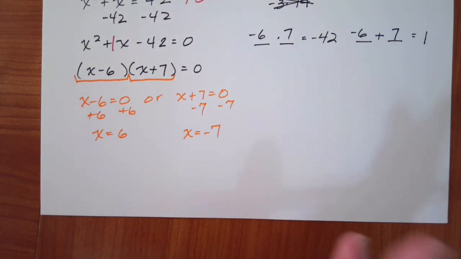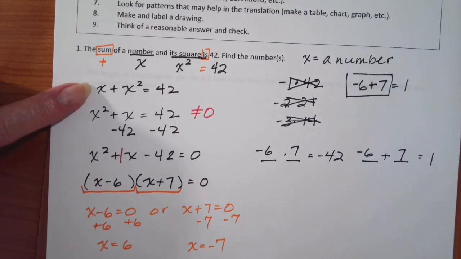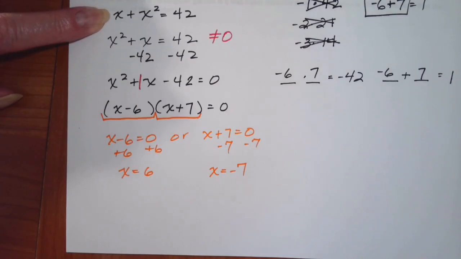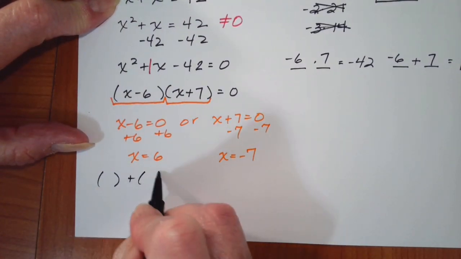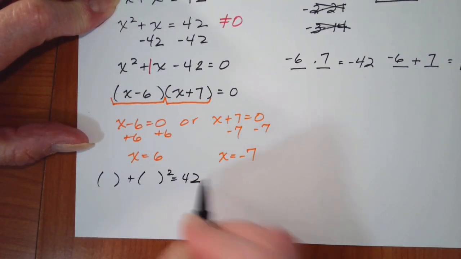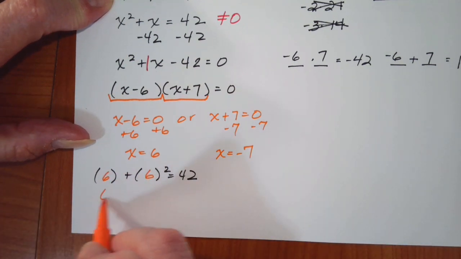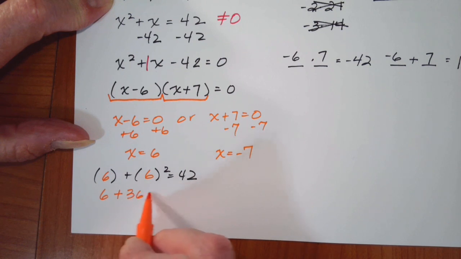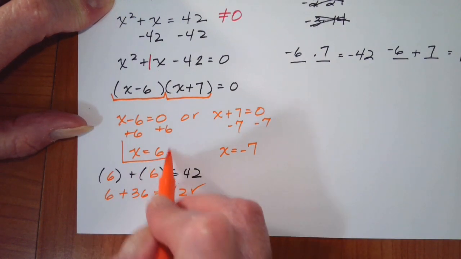Now I want to check and see if I've done the math correctly. But I want to go back up to my original equation. So I want to know if that plus that squared is equal to 42. If I'm dealing with 6, that gives me 6 plus 36 is 42, which is true, so that's a solution.